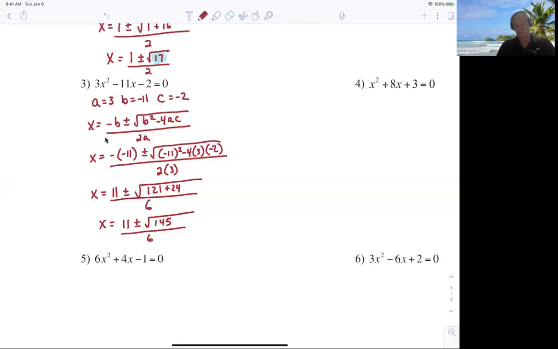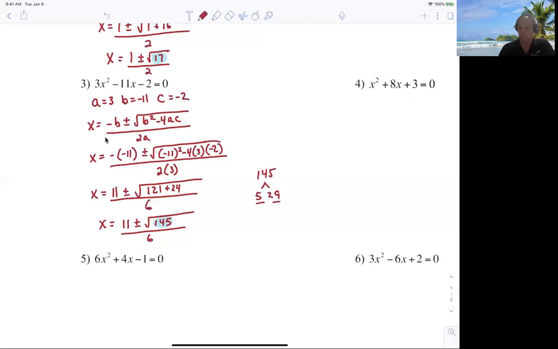Now, again, we have a final answer. However, we do want to double check to see if 145 can be broken down. So just to review that, we're going to take 145 and see if there's a perfect square. 5 times 29.